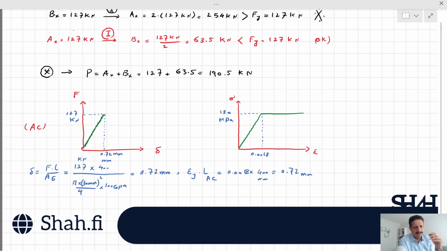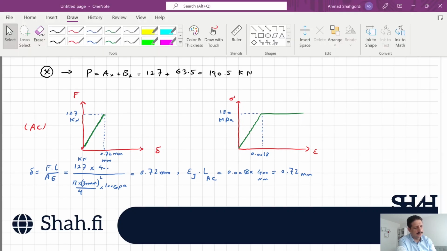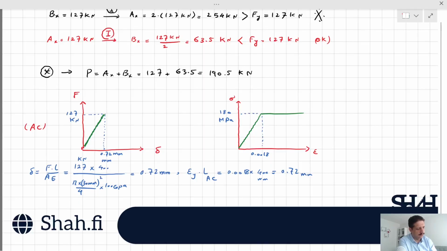But as far as we have the element BC, which is not in the plastic phase, it is still elastic, so it is taking the rest of the load if the load is increased. As a result, from this moment, the load in the element AC cannot be increased. So it will be a constant value after reaching this level of the load. So this is for element AC.